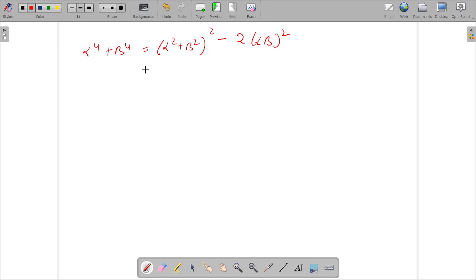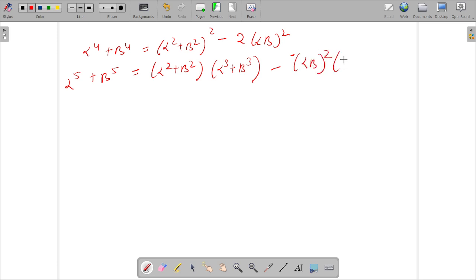Similarly, alpha power 5 plus beta power 5 can be written as alpha square plus beta square into alpha cube plus beta cube minus alpha beta whole square into alpha plus beta. Okay, so it will be useful for your calculation purposes.